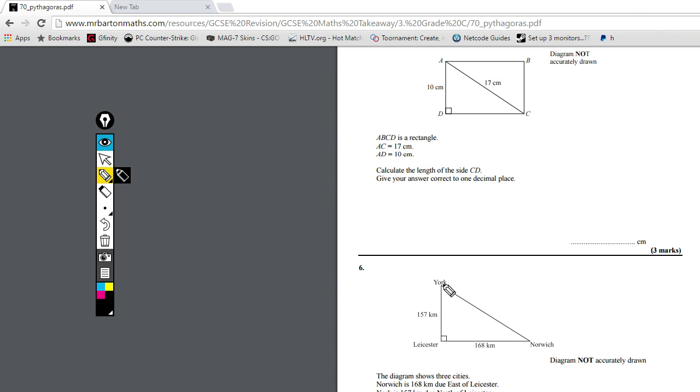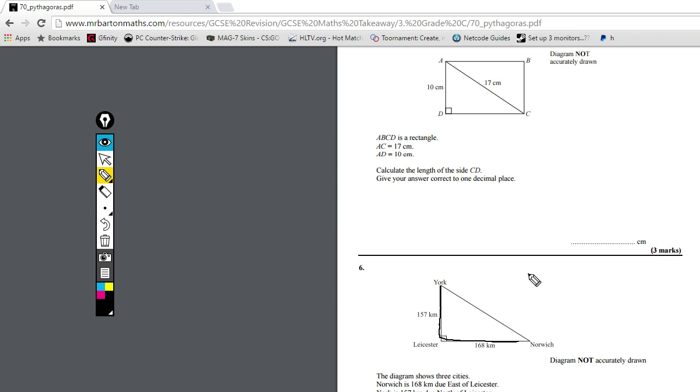So this is actually very easy. It looks complicated to some people, but it's not. You've got this side and this side. We're basically doing exactly the same, but it's a worded question, and the numbers are going to be a lot bigger.